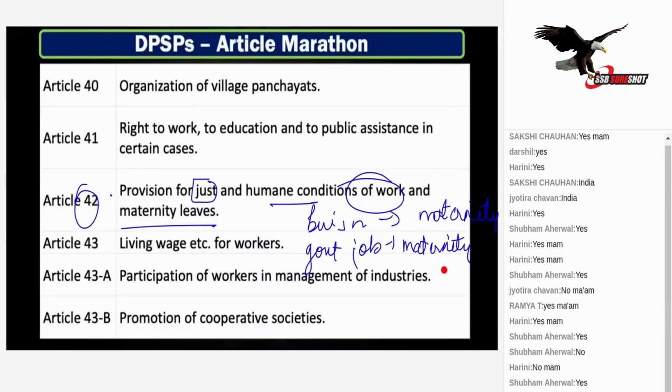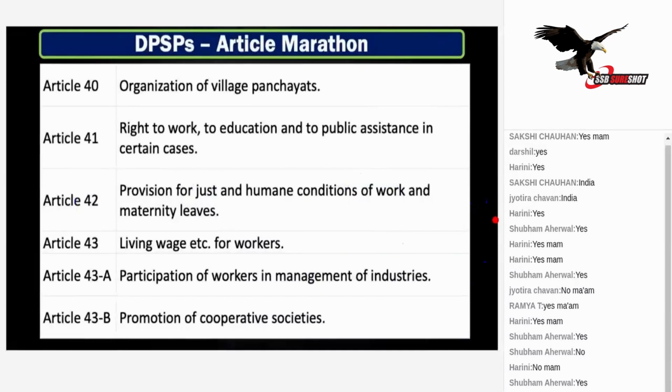Article 42 tells the government that whenever you're making laws, you should ensure that people working in any sort of environment have a healthy environment. The conditions should be healthy enough that a person can be most efficient. Also, there should be maternity leave if somebody is pregnant and expecting a baby.